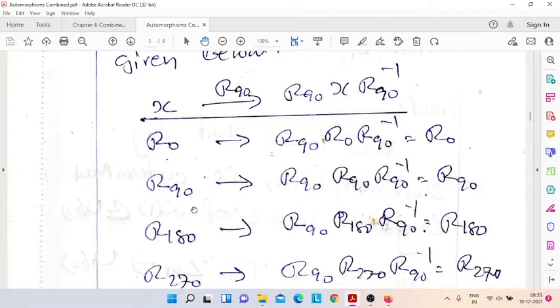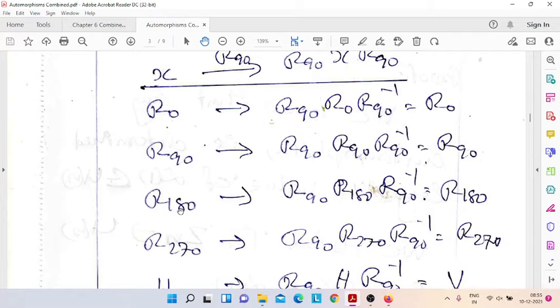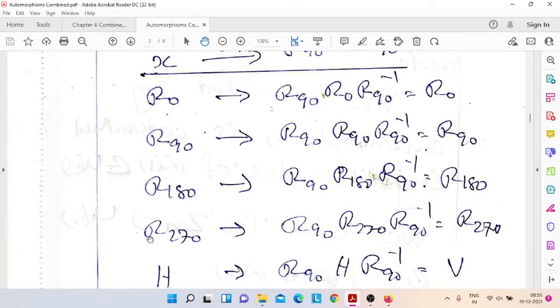When the element is R90 itself, then R90, R90, R90 inverse equals R90 itself. And when R180 is taken, we get R180. And when R270 is the element, we get R270.